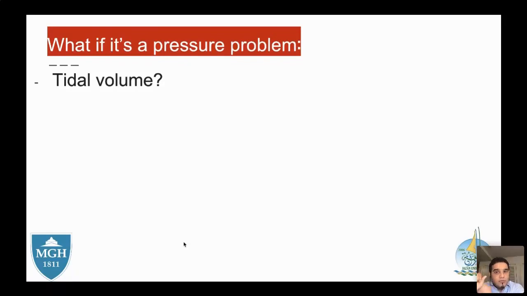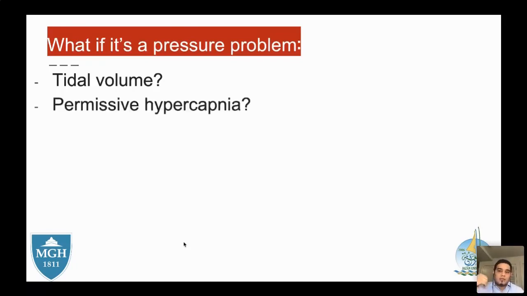Remember that oxygenation is PEEP and FiO2, while ventilation and washing out CO2 is tidal volume and respiratory rate. So if you went down on the tidal volume, you should expect an increase in the CO2 on your ABG and acidosis, a decrease in the pH level. We're going to talk about that, but keep that in mind.